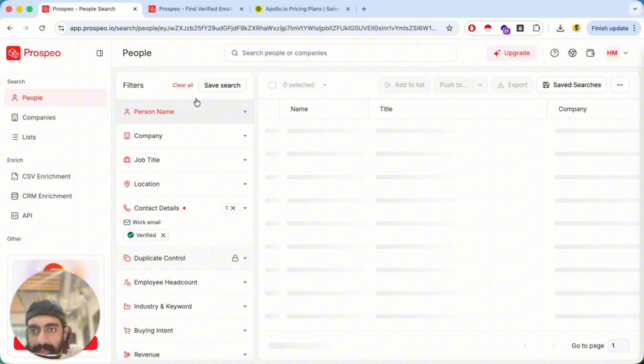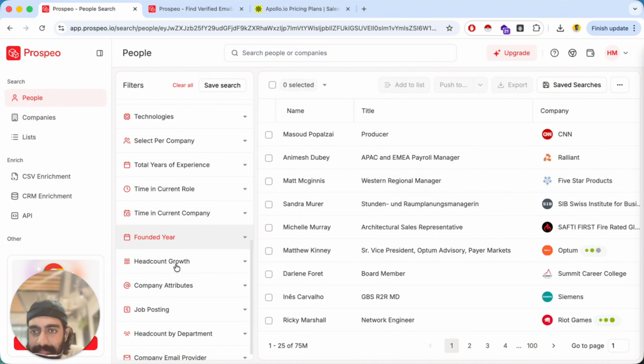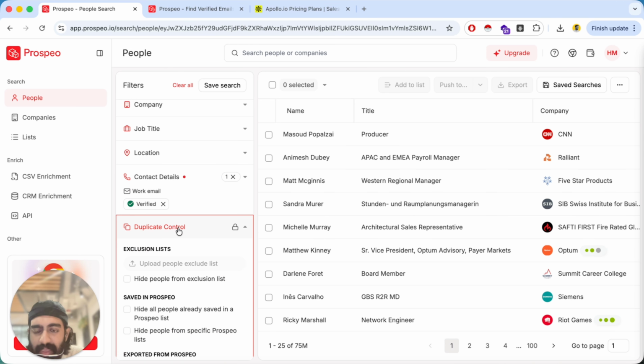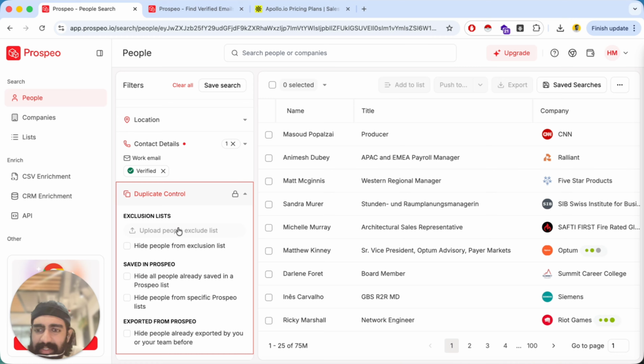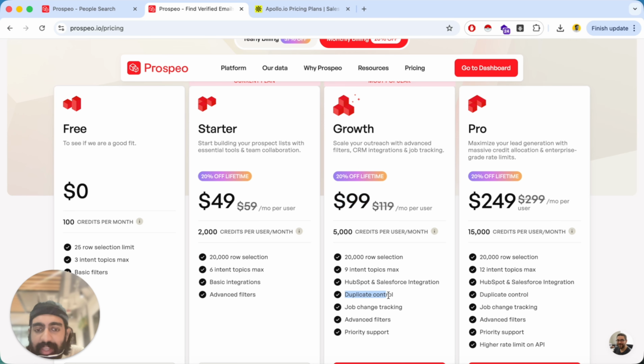Whereas for people, the main difference I would say is everything is kind of similar. The main change is duplicate control. For Apollo, I think we can do duplicate control even in the starter package, but for the starter package in Prospeo, that's the catch they have. In the starter package, you do not have duplicate control.